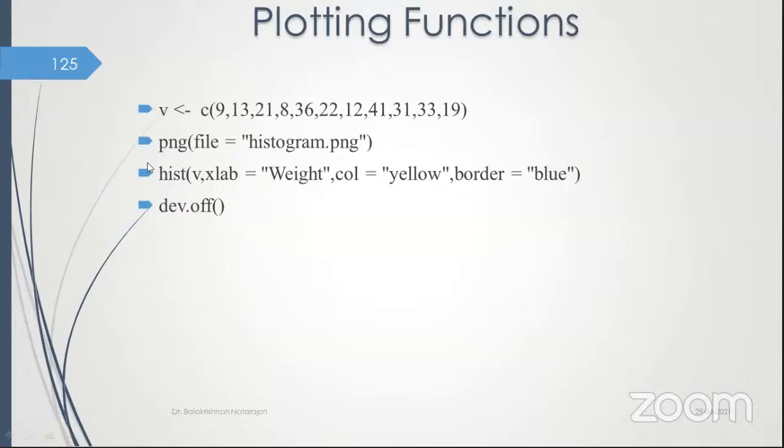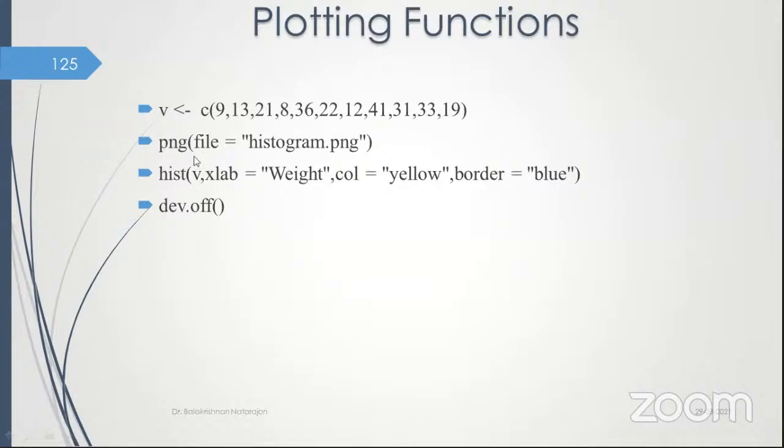One thing I want to mention specifically in this case: here I am going to construct a histogram for these values, and according to that, the thing has been made. So x weight, and the color will be yellow and the border will be blue. Apart from these two values, we have another command.